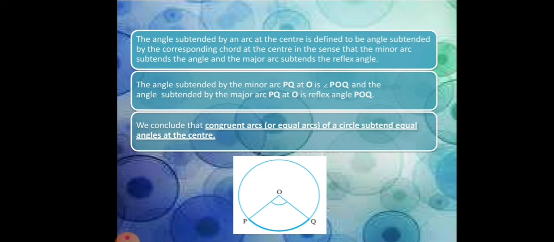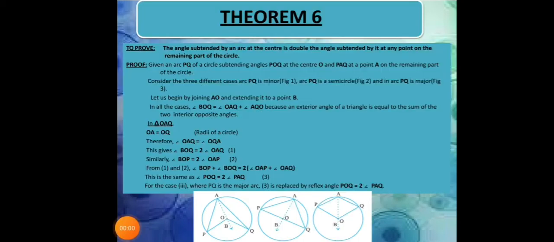The angle subtended by an arc at the center is defined to be the angle subtended by the corresponding chord at the center, in the sense that the minor arc subtends the angle and the major arc subtends the reflex angle. The angle subtended by the minor arc PQ at O, you can see in the figure, is angle POQ.